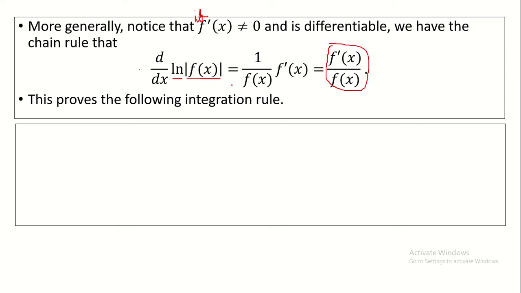So para lang siyang yung nasa loob, kunin lang natin yung derivative nung nasa loob ng absolute value symbol and then divided by the function inside the absolute value symbol.